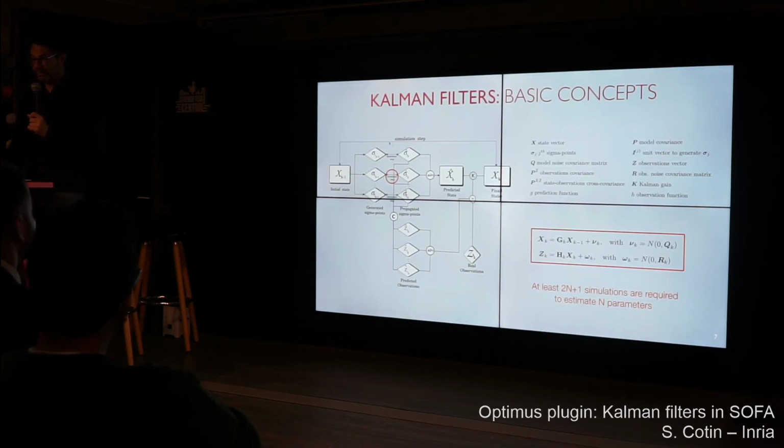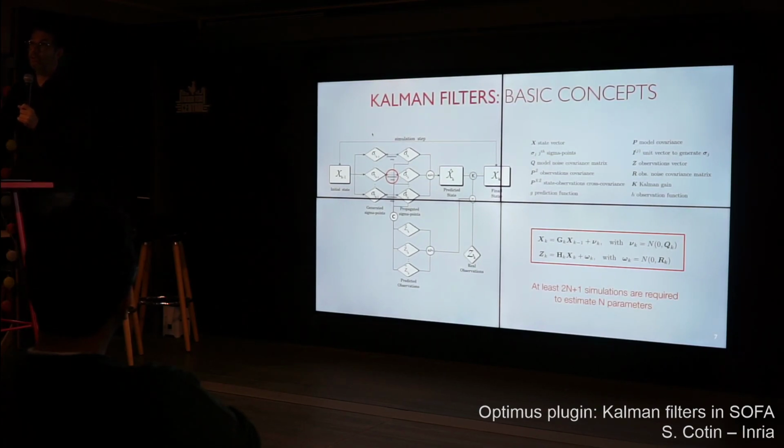The key thing is that for every parameter we have in the model, we initialize the algorithm with an estimate of the mean and the Gaussian distribution. The algorithm will sample this Gaussian distribution with those sigma points, and for every one of those sigma points, it will run a simulation and predict a result.